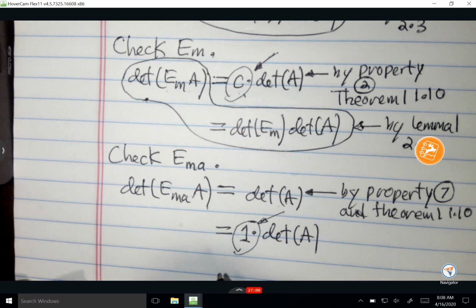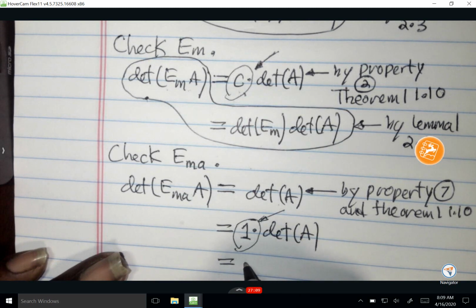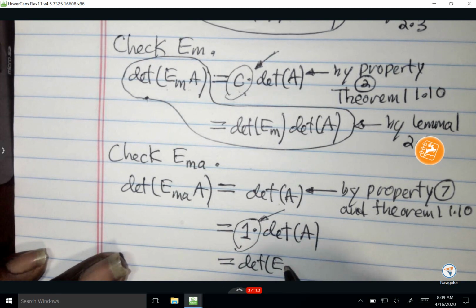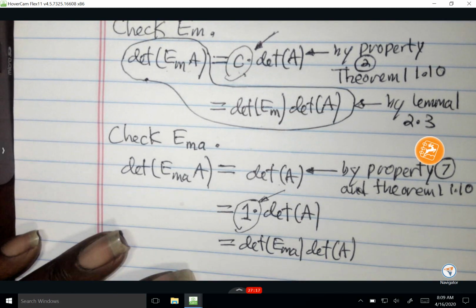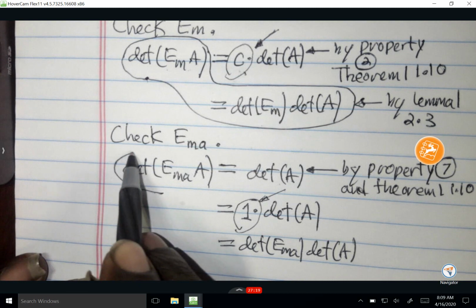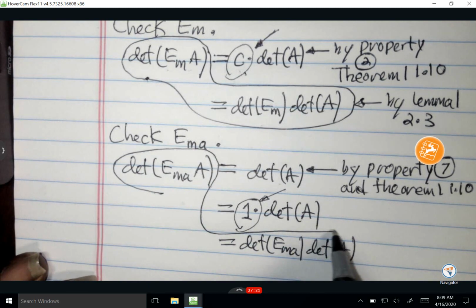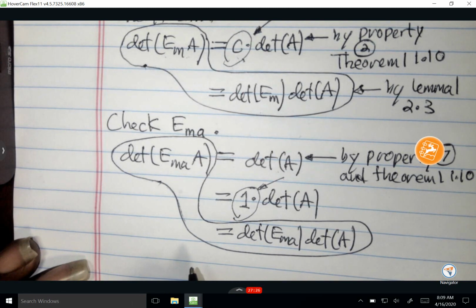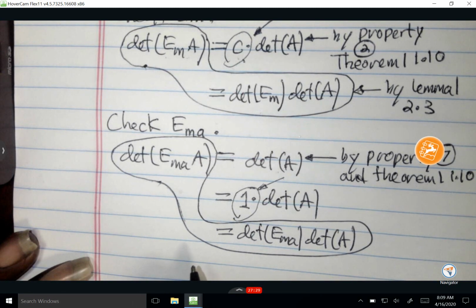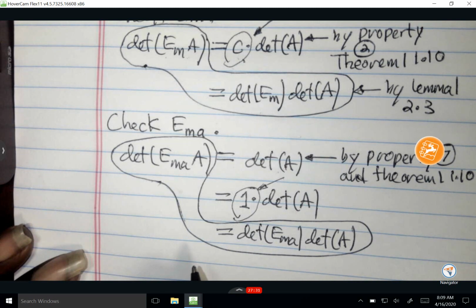So I can replace the 1 by the determinant of E multiply and add, and bring your determinant of A down. And congratulations, you proved it happens in the third case as well. And so since these are the only 3 types of elementary matrices, it always happens for every elementary matrix. And the theorem's proven.